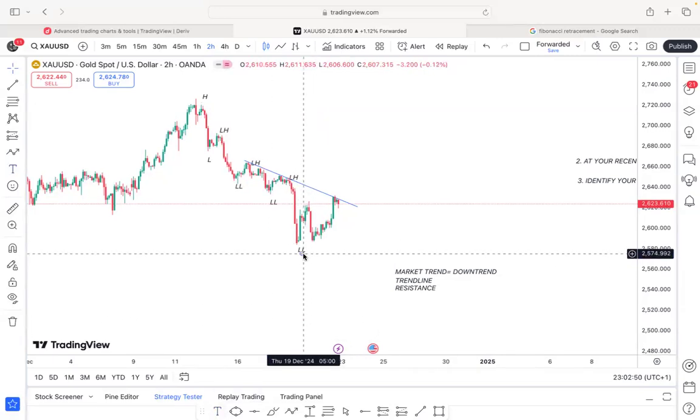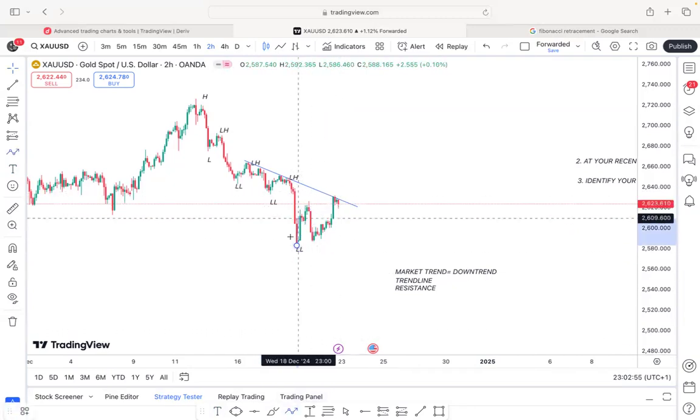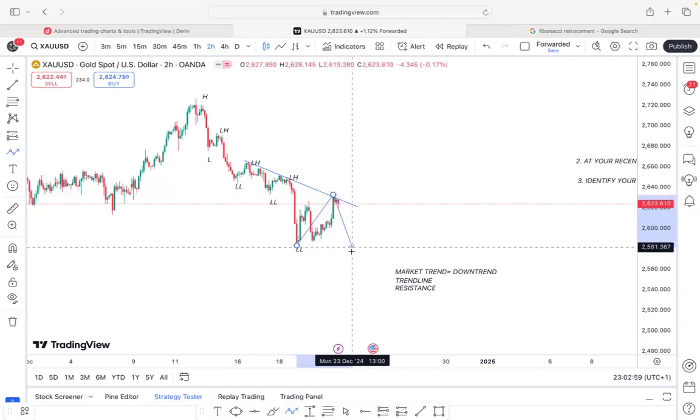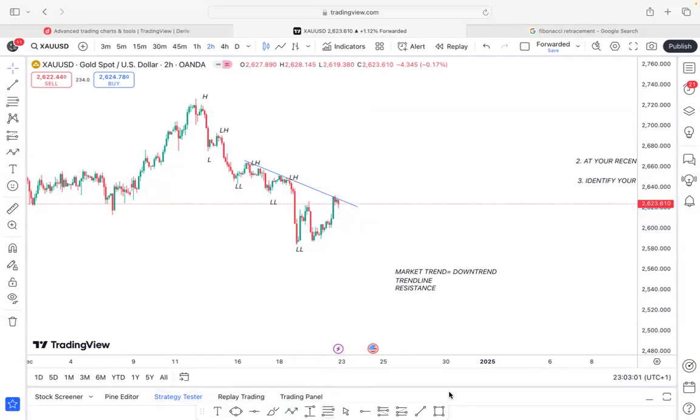Now you can see that price has come from this lower high. Now from this lower low, it wants to form a new what? A lower high, right?